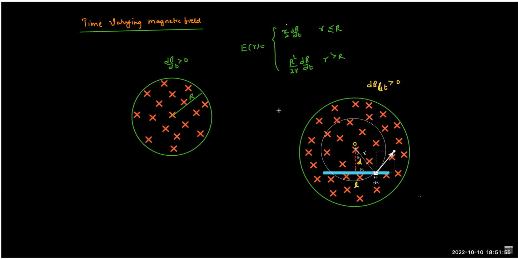So now this electric field is in this direction. Now what we are trying to find is the induced EMF in this rod.